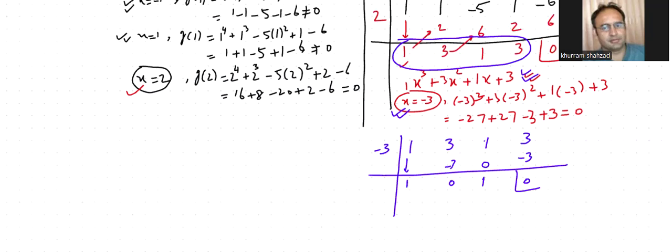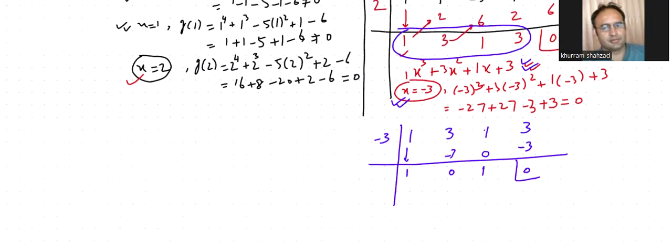So our one root was x is equal to 2, and this x is equal to negative 3. So what will be the remaining thing from here? This is the coefficient of x squared, this is the coefficient of x, which is 0, and this is a constant, which is 1.